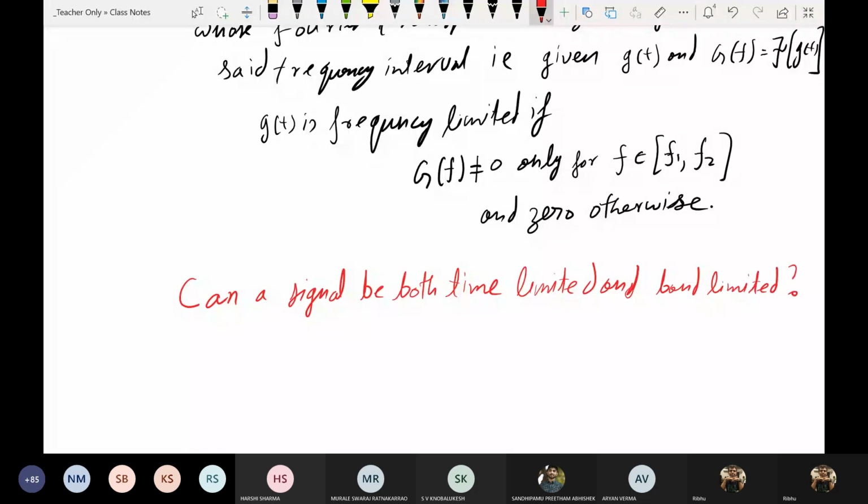Can anyone tell me the answer or can anyone guess the answer? Yes, a signal can exist. Okay, such a signal can exist. So unfortunately, the answer in this case is no. This is not true, or this is not possible.